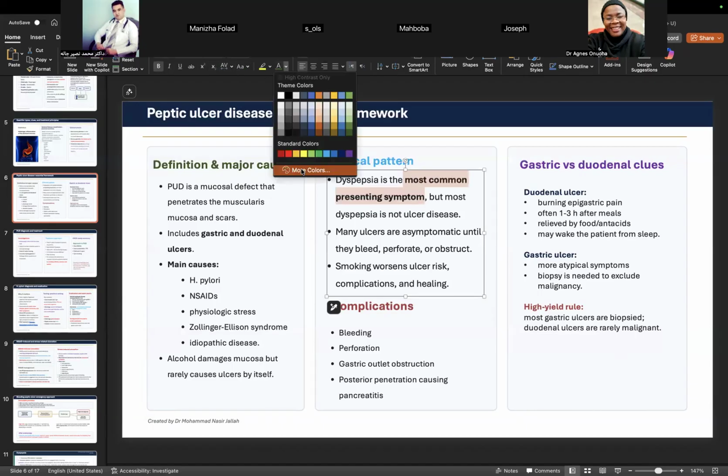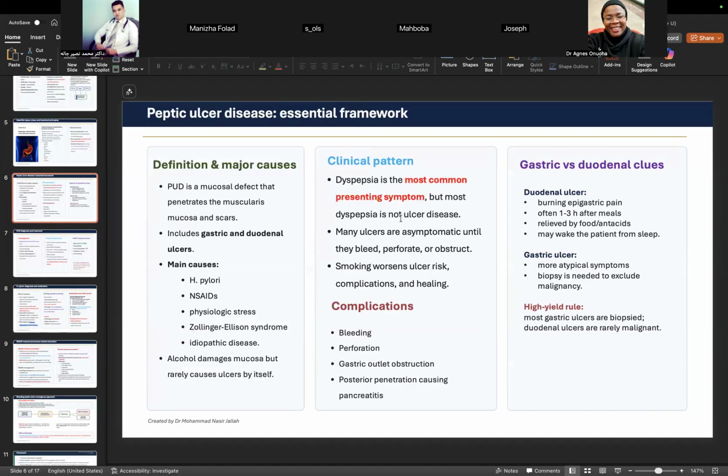What is the most common presenting symptom? The most common presenting symptom of PUD is dyspepsia, but most dyspepsia is not ulcer disease. Many ulcers are asymptomatic until they bleed, perforate, or obstruct.